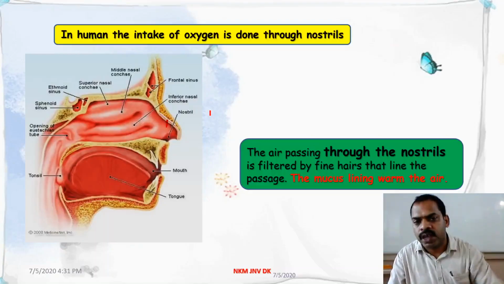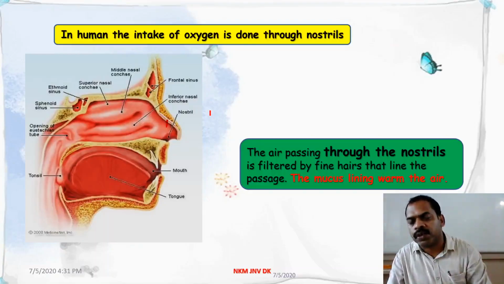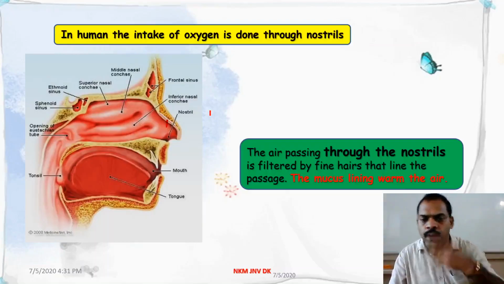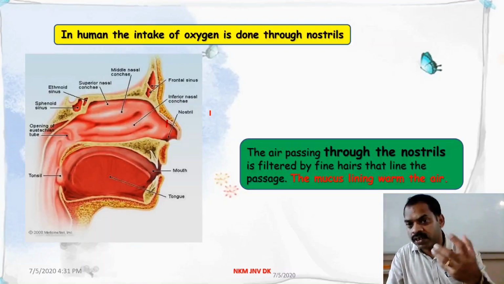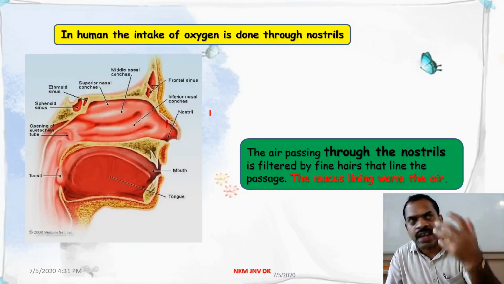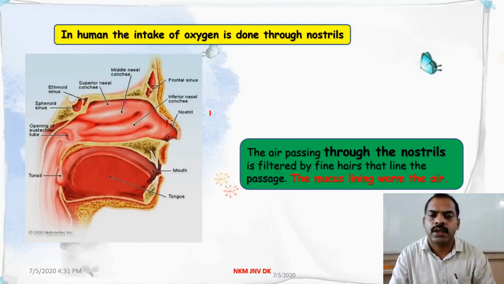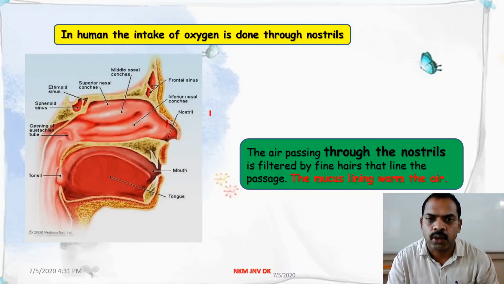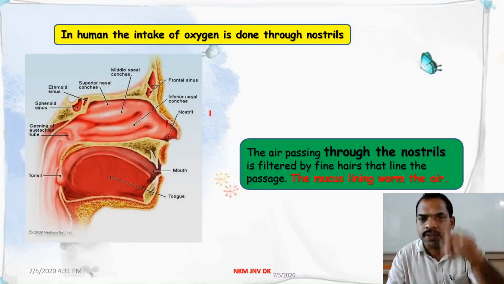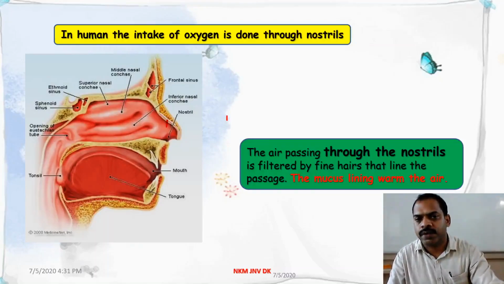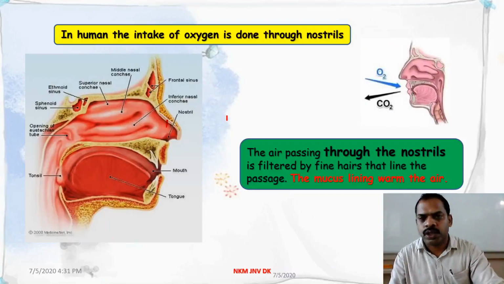If it is warm, it will diffuse better. If it is cold, it has less kinetic energy, less movement. So the air is warm and moist. How do you know that the air is moist? Just exhale onto a mirror held close by. We can see the water vapor coming.